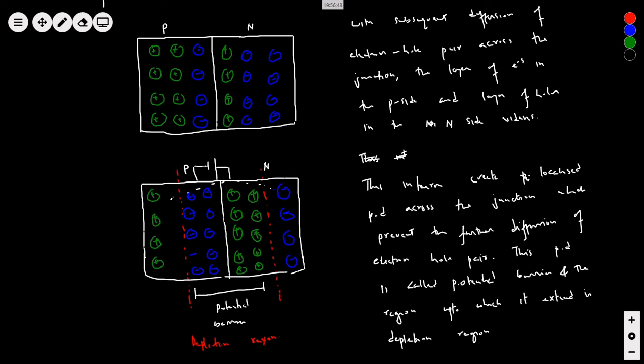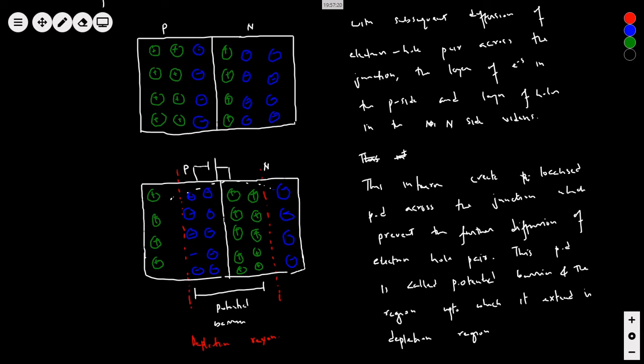You can also say it like this: with subsequent diffusion of electron hole pairs, a few layers of electrons appear on the p side and a few layers of holes appear on the n side. After this, no further diffusion takes place. So these layers of opposite charges near the junction we call the depletion region.